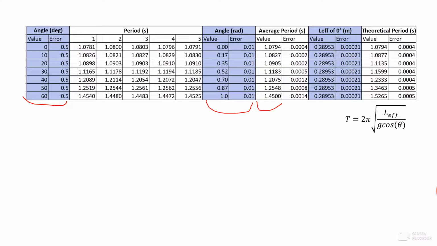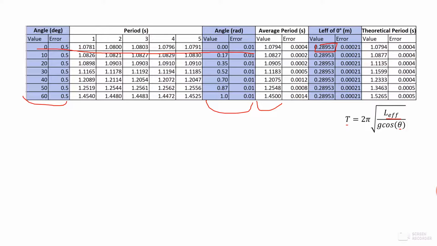Now, if we use this formula here, remember that we say that effective length is a constant, because all of its components are constants. So if we replace here the period and theta, which remember is the angle to the screen, with the ones we got from when the degrees are 0, this column here, we get this effective length.